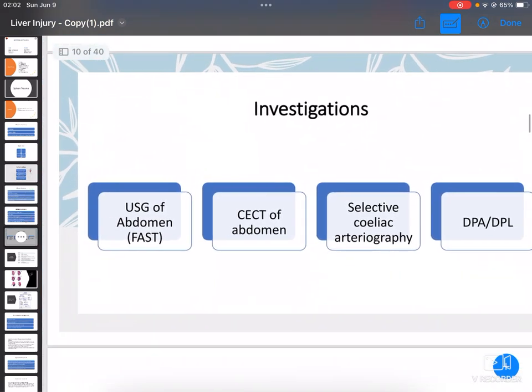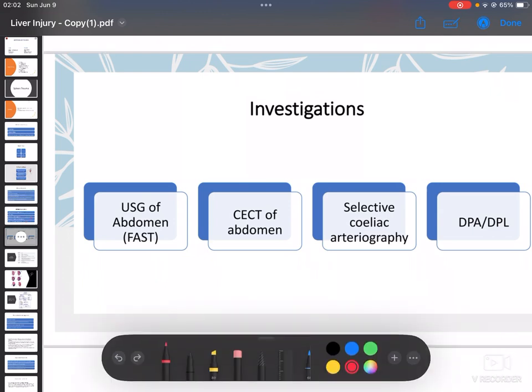Now, if we consider the investigations, there are various investigations. One is ultrasound. Another is CT scan of the abdomen, so we also have to consider this. There may be CT scan of the abdomen and selective celiac arteriography.